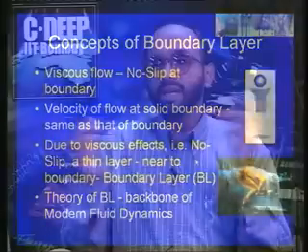So whenever we deal with viscous flow, due to the no slip condition, we have to deal with the boundary layer all the time. This theory of the boundary layer is actually the backbone of modern fluid dynamics. The boundary layer theory was proposed in the beginning of the 20th century by Prandtl and other scientists, and many theories were developed related to it, and we could derive some expressions for the velocity and pressure variation in the boundary layer.